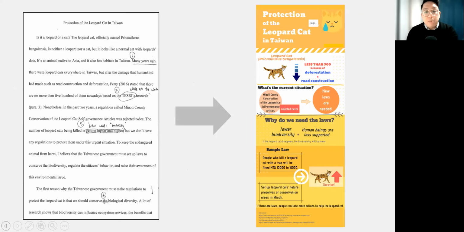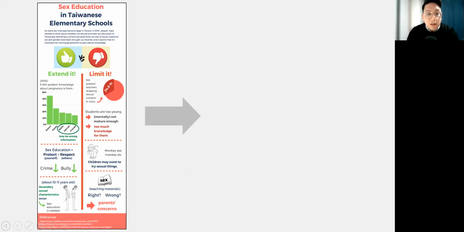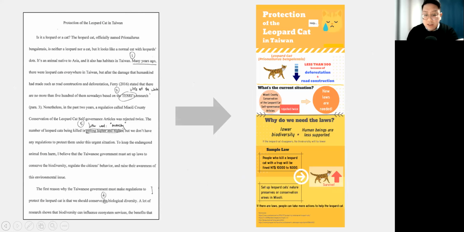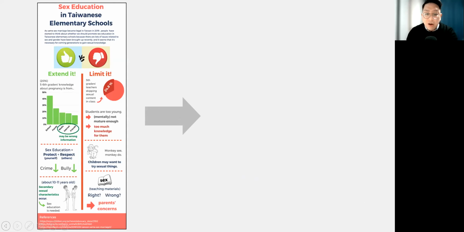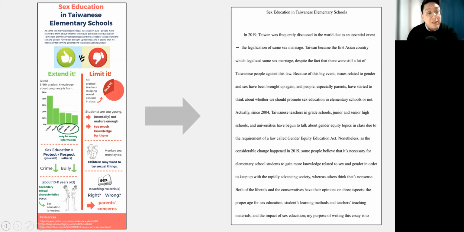Here is an example of the argumentative environmental essay. First they wrote a text-based essay, and then they converted that into an infographic. So this is essay 1 and essay 2, assignment 1 and assignment 2. Then in assignment 3, they were asked to compare and contrast two perspectives on a social issue, and they converted that infographic into a text-based essay.